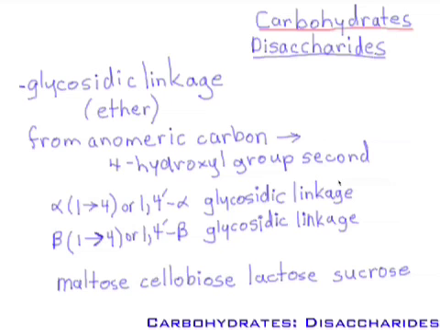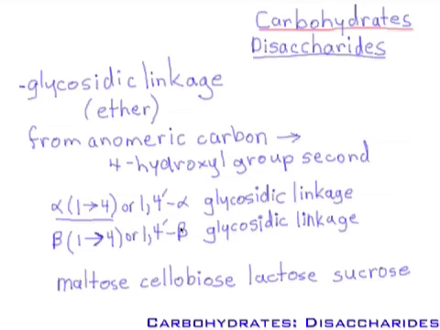The typical glycosidic linkage is from the anomeric carbon of one monosaccharide unit to the fourth hydroxyl group of the second. If the anomeric carbon has an alpha linkage, then the linkage is often identified as an alpha 1,4. This can also be designated as a 1,4'-alpha glycosidic linkage.